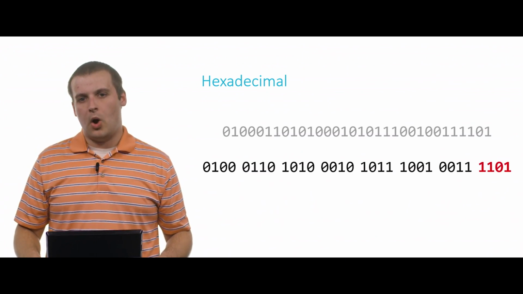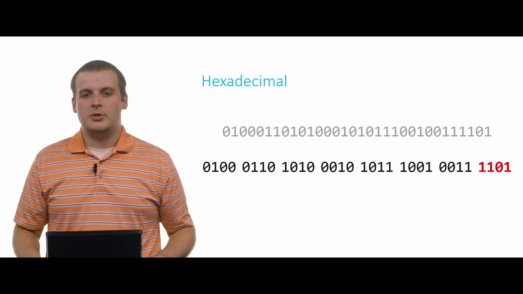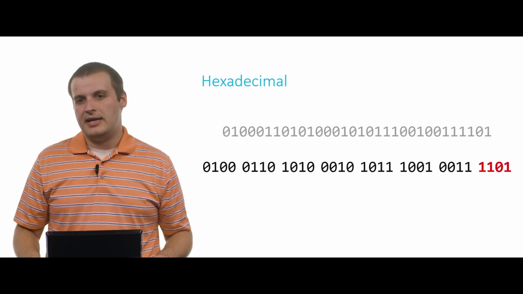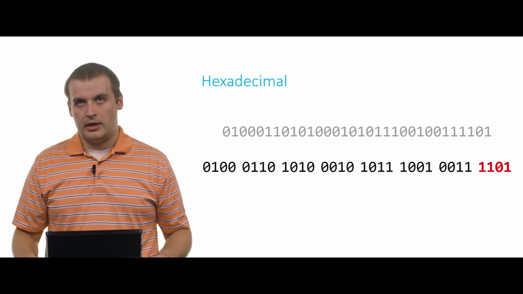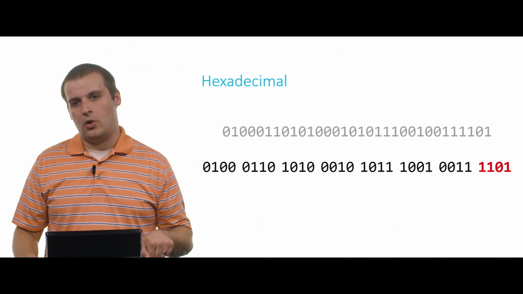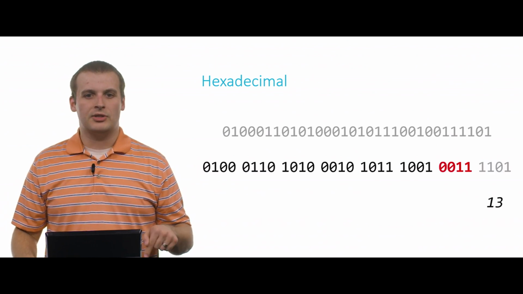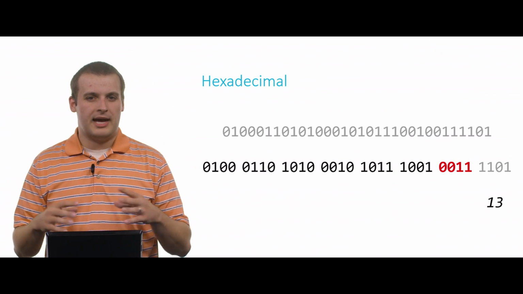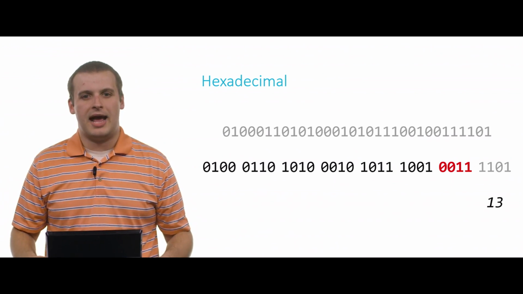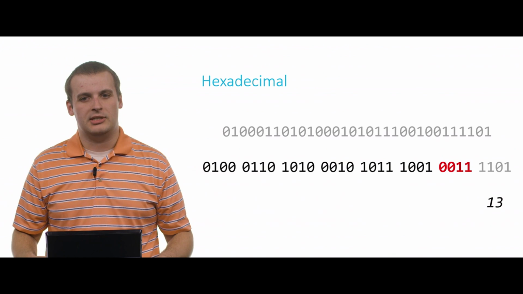Well, what's 1101? If we do the math in our head, we have 1 in the 8's place, a 1 in the 4's place, a 0 in the 2's place, and a 1 in the 1's place. That's 8 plus 4 plus 1, which we would know as 13. But we wouldn't write 13 out because we're working with hexadecimal. We need to convert it to the hexadecimal equivalent of 13, which is D.